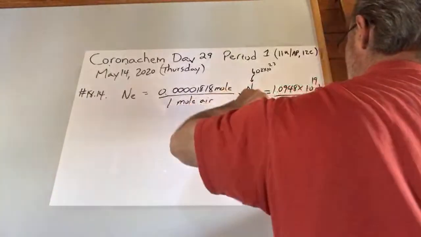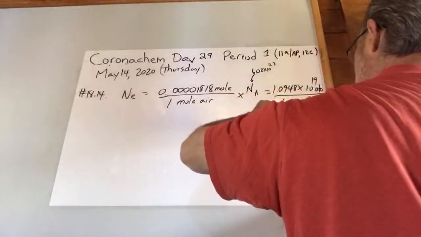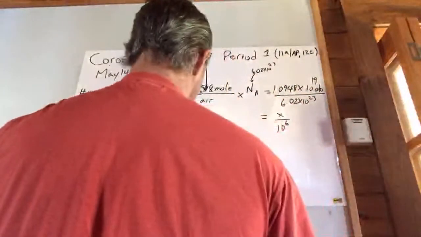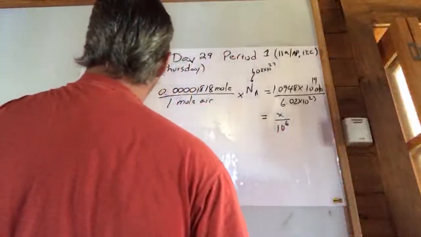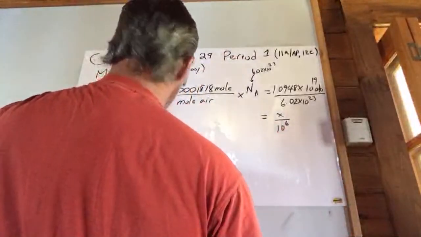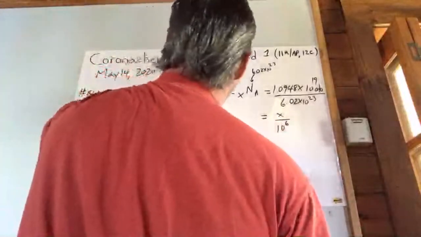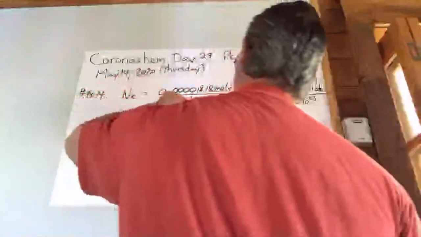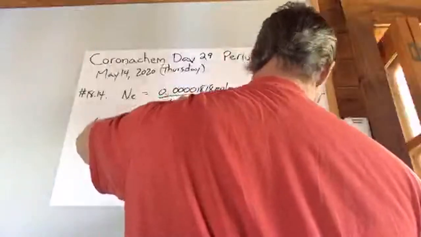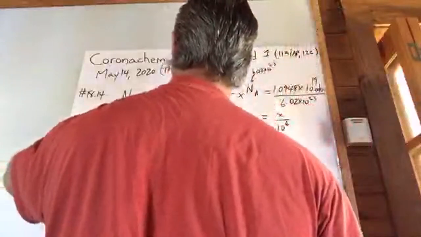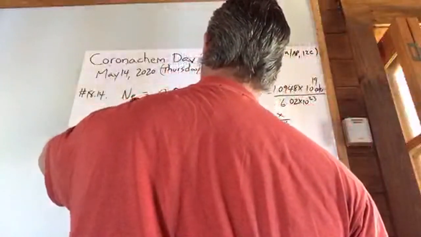And we're going to set that equal to x over 10 to the 6, which is a million. So we can simplify that to 6.02 times 10 to the 23 x equals 1.09 etc. times 10 to the 19 multiplied by 10 to the 6, or 18.2 parts per million.